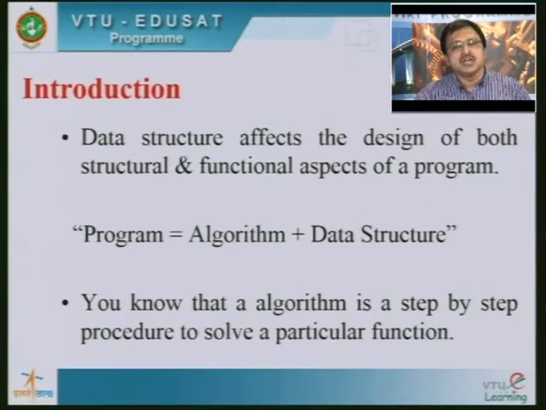Having said that, I should also tell that there are many problems which straight away take the data structures that we define or that we know of and do the problem very efficiently. You know that an algorithm is a step-by-step procedure to solve a particular function.